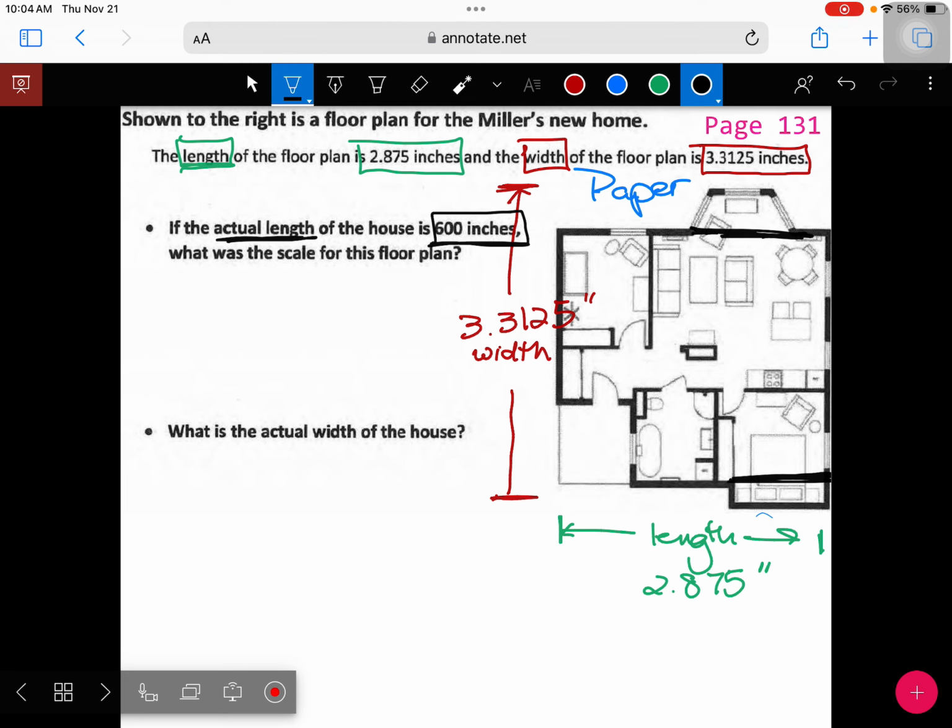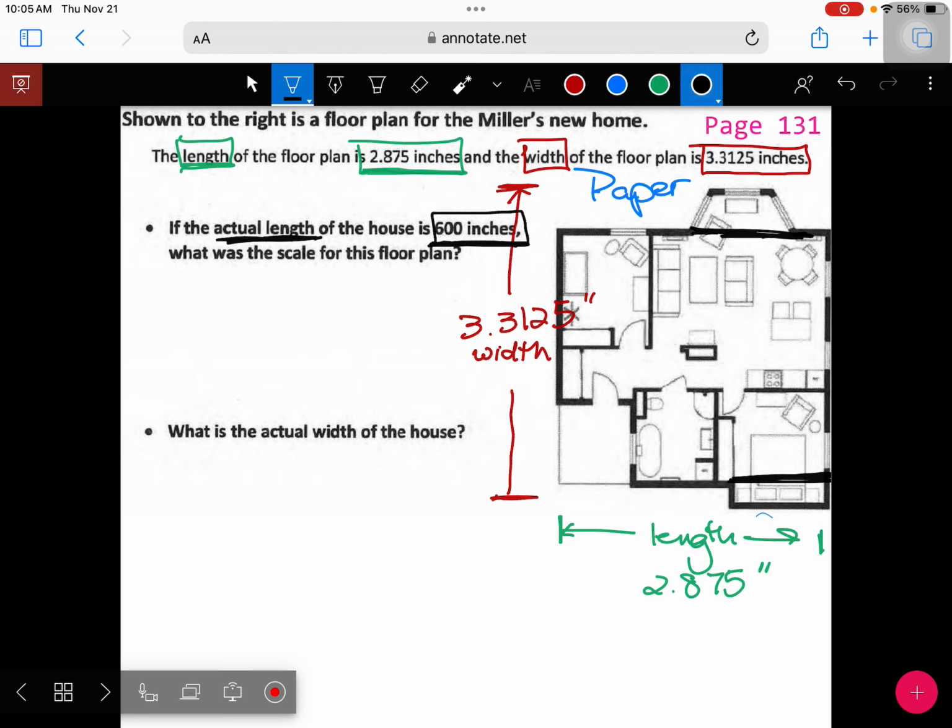Anybody got any ideas how I would try to figure that out? Here's the actual length. What am I going to be comparing the actual length of 600 inches to? Which of those other two numbers? Right. This is the length on paper.